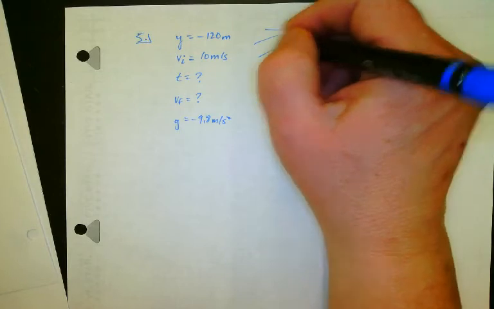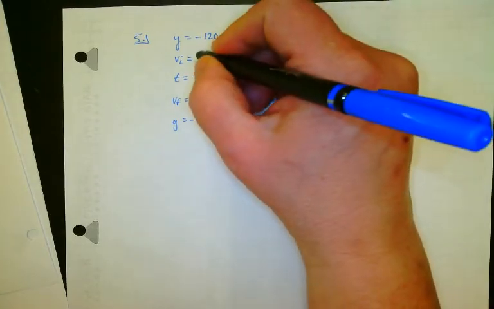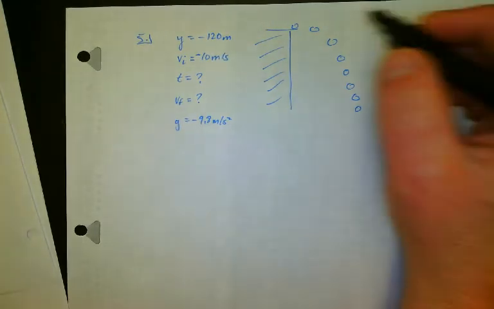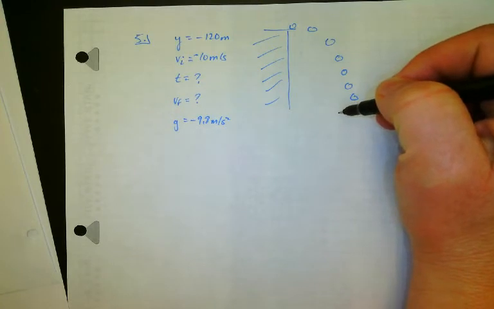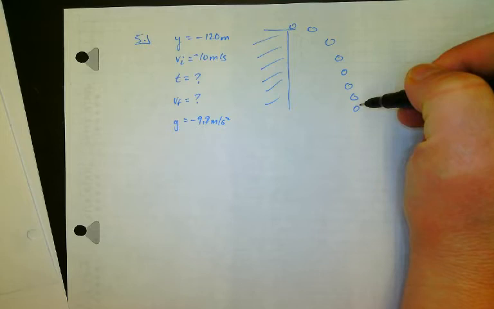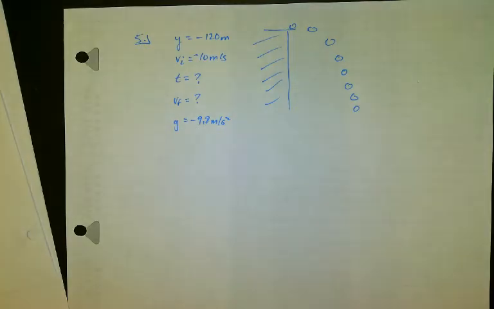So we know how high the bridge is. We know the initial velocity is negative 10 meters per second because it's going down. And it says, how long does it take the ball to hit the ground? So what is y going to be when the ball hits the ground? 0. Okay, you can go that route.